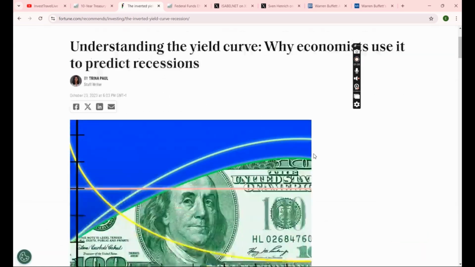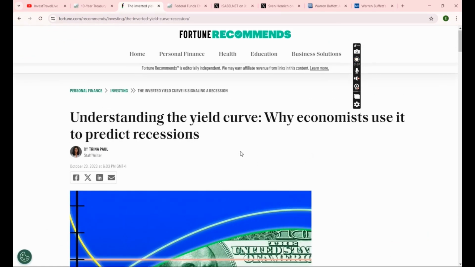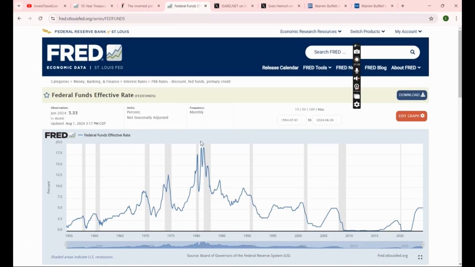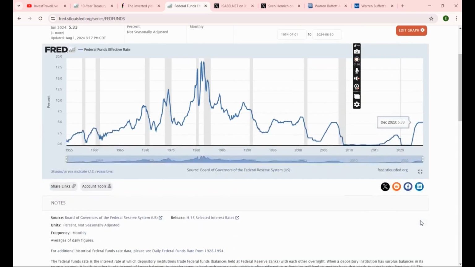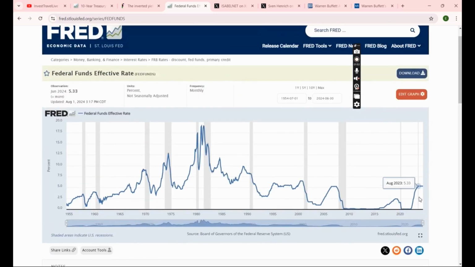Another chart that I like to use is this one. So this is the Fed's funds rate. So basically, this is the actual interest rate provided by the Fed. At the moment we are at 5.3.